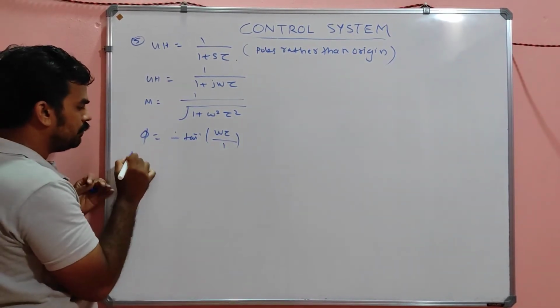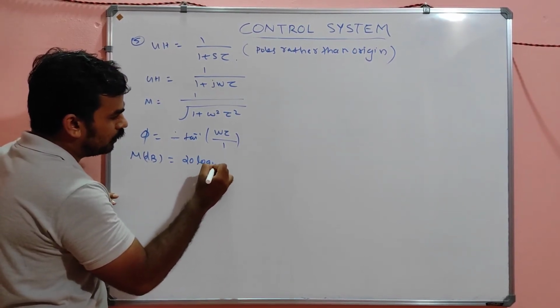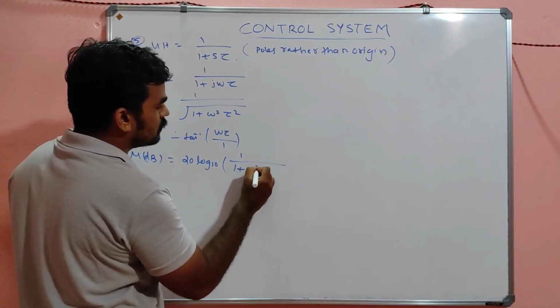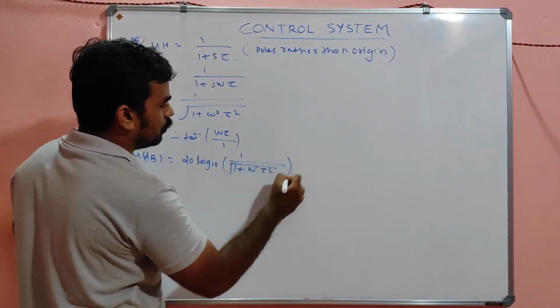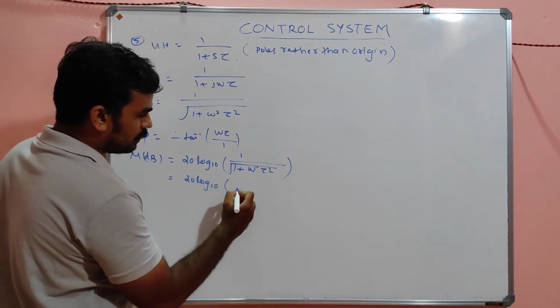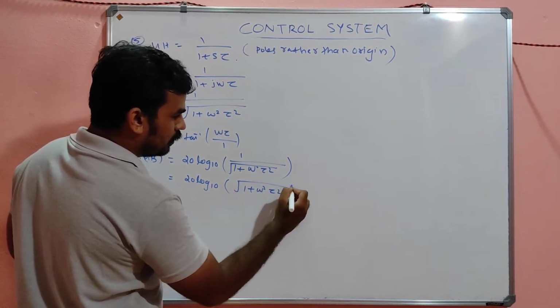So M in dB will be what, my dear? M in dB will be 20 log 10 of 1 by root of 1 plus omega square tau square, which is 20 log 10 of root of 1 plus omega square tau square raised to minus 1.